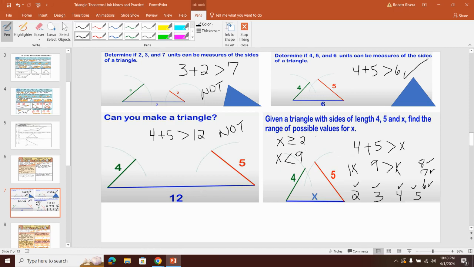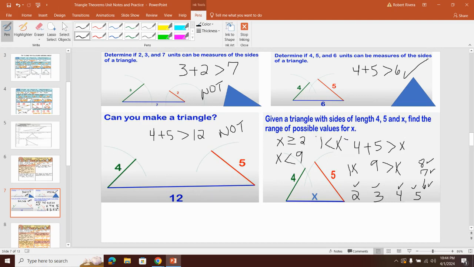So how would I put this together? Well, we know that 1 cannot happen, so x has to be greater than 1, so 1 has to be less than x to make it 2.